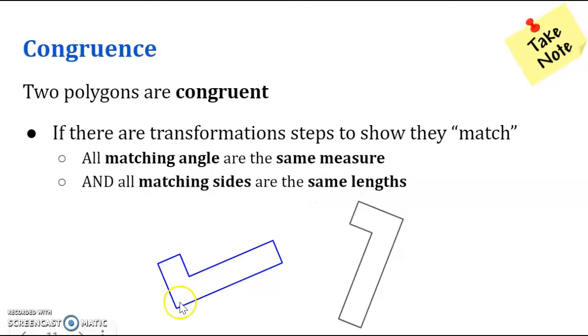That means this corner angle and this corner angle are the corresponding, the matching pair of angles. They need to be exactly the same, and all the matching side lengths, this side matches with this side in length, and in all the angle measures as well. Please take note of that.